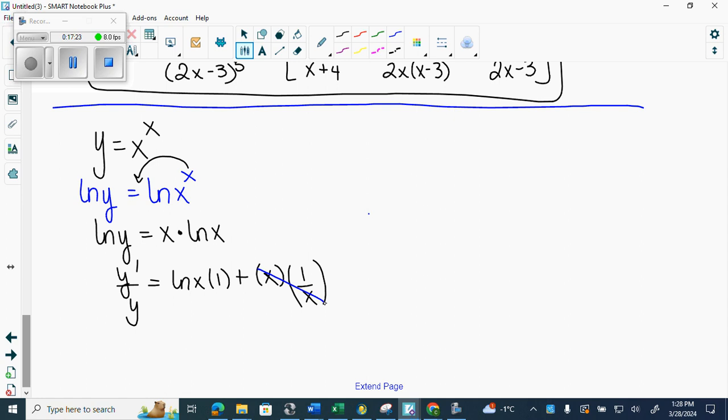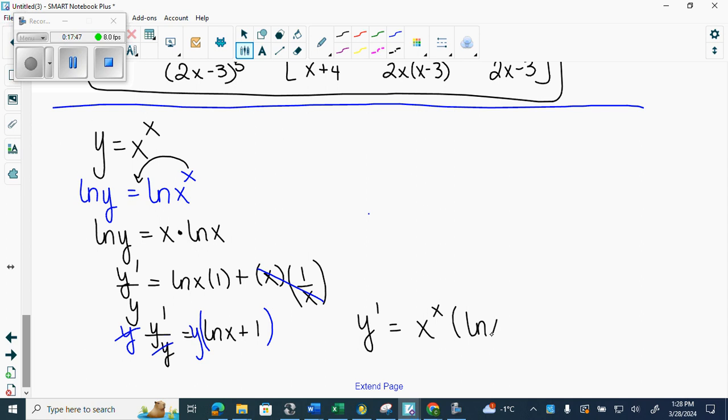No, it's just a 1. So we're left with y prime over y equals ln x plus 1. And then we have to move our y over. So we get y prime equals x to the x times ln x plus 1.